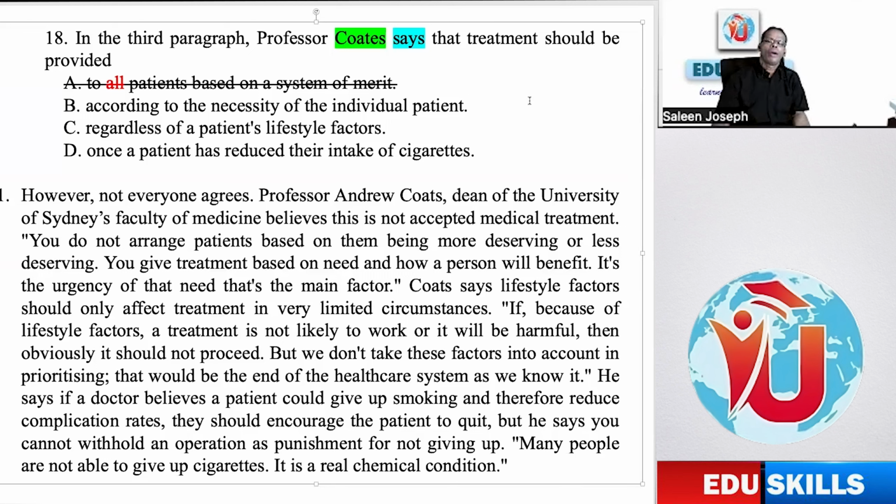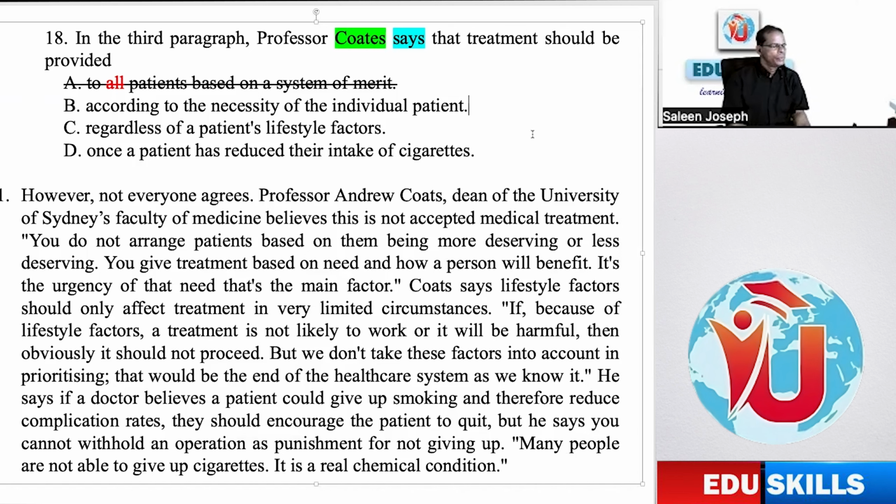Now, beginners, you have to write down these options like this: Professor Coates says that treatment should be provided according to the necessity of the individual patient, and so on. So you have to read every answer option in connection with the question stem. Then only you will understand the differences.